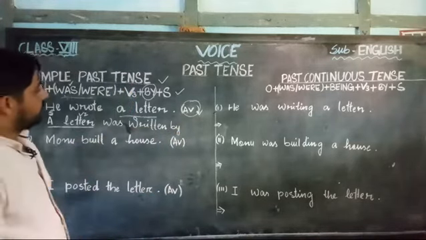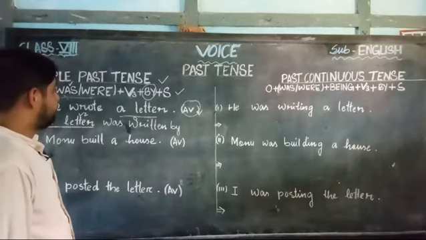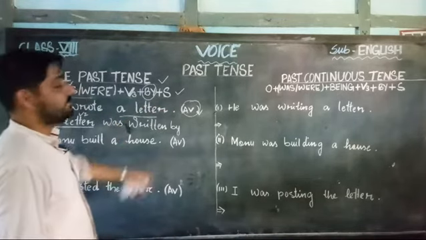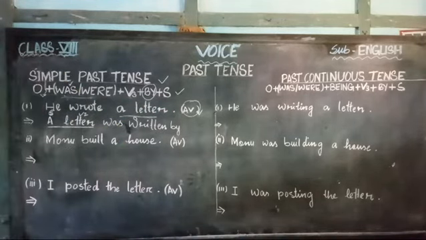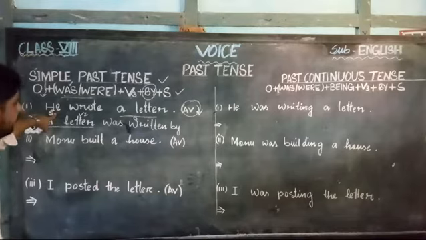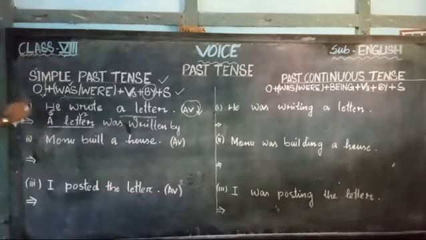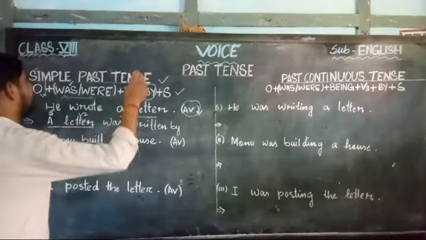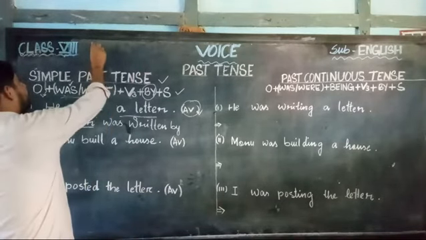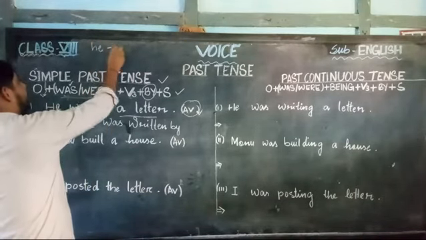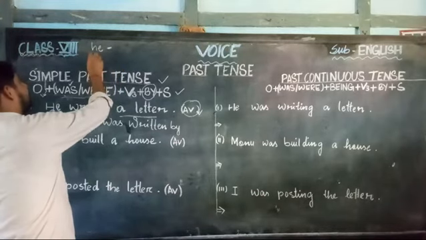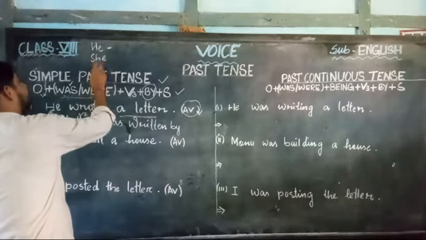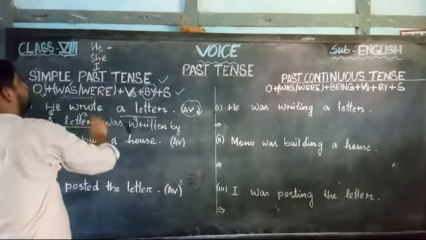So this is also finished. So what is left? Subject. Now what is the subject here? He. So when you change, in the last class also I told you, when the subject in the active is he, she, I, then these all change.